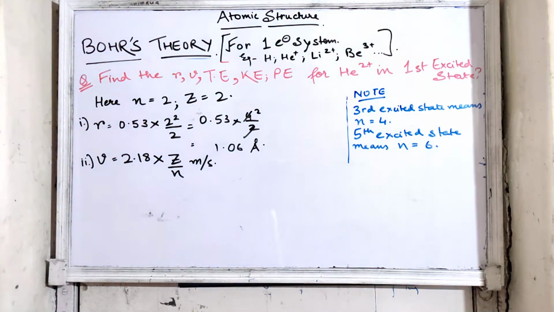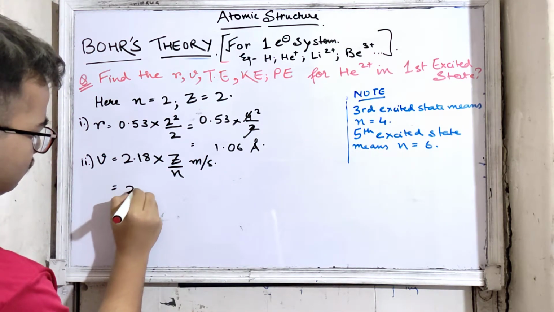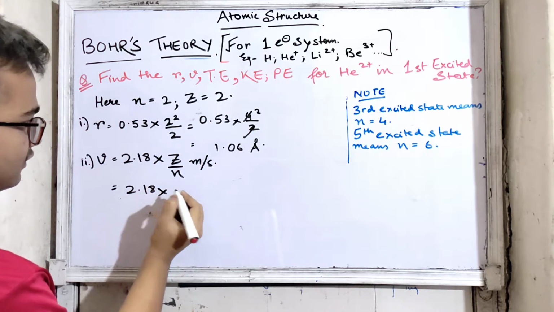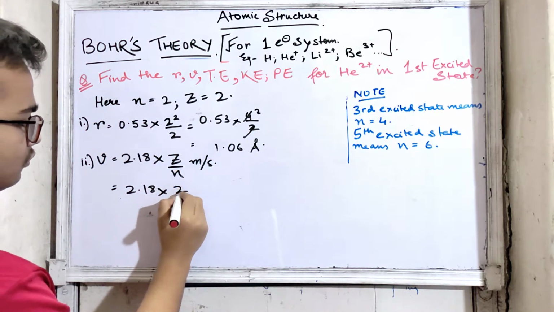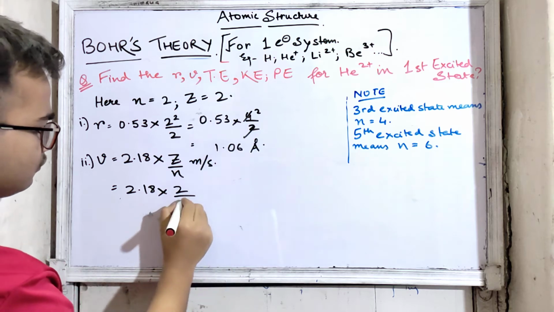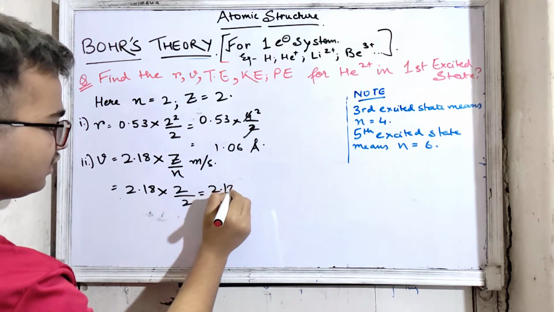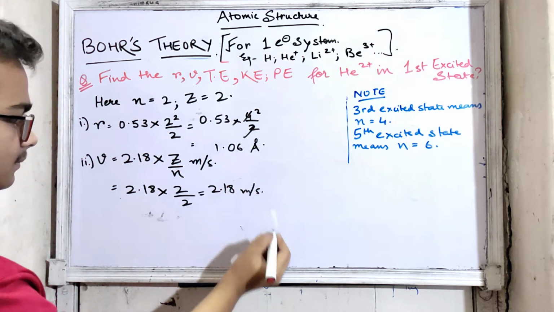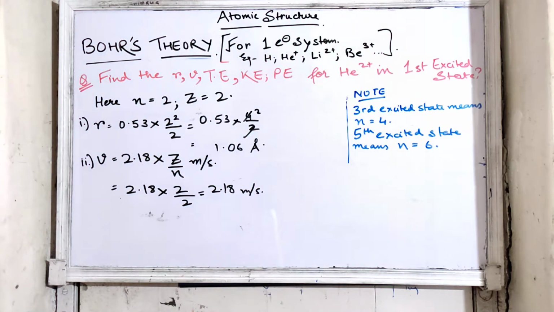So velocity is 2.18 into Z by n, it is 2 by 2, equal to 2.18 meter per second. Clear? All right.